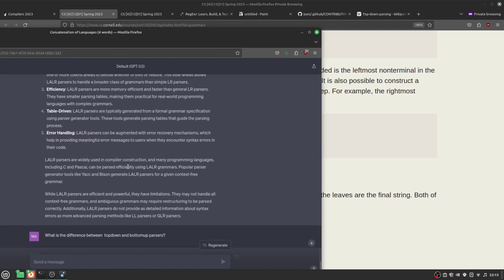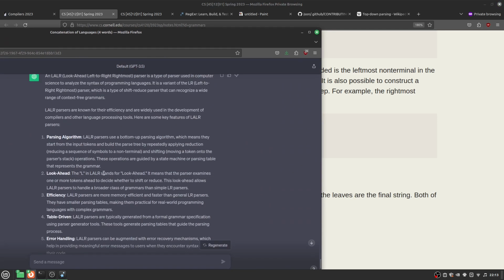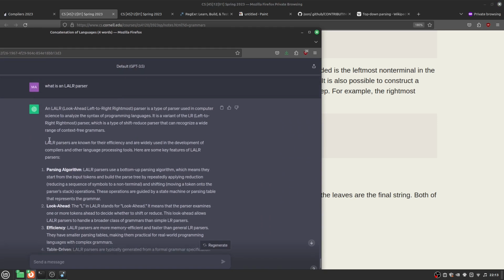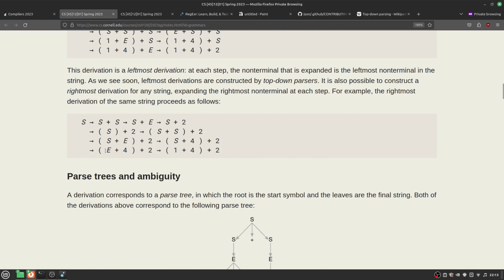So these guys want one that is LALR. What is LA? Look ahead, left to right, rightmost. So I'm guessing we just start left, work our way right over the string. Cool. That makes sense.